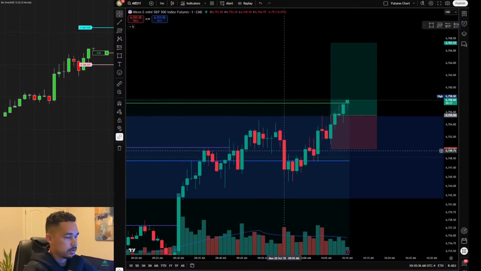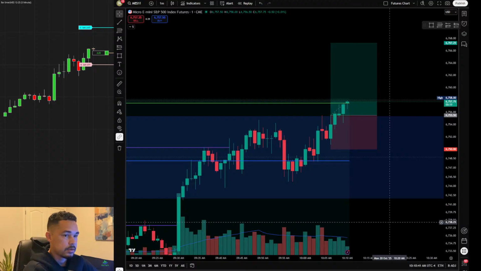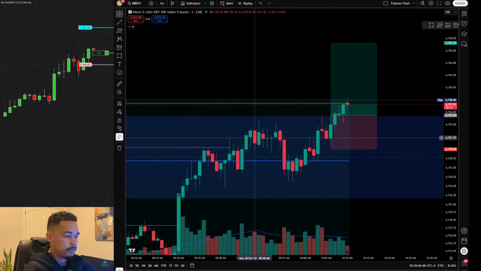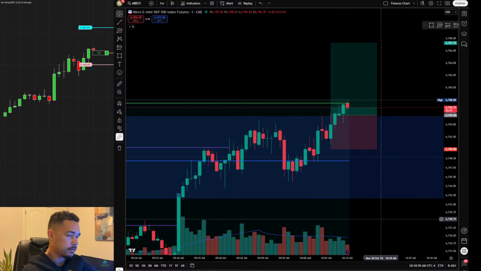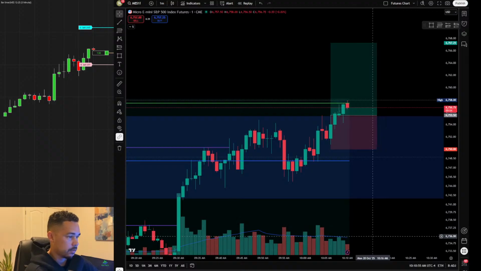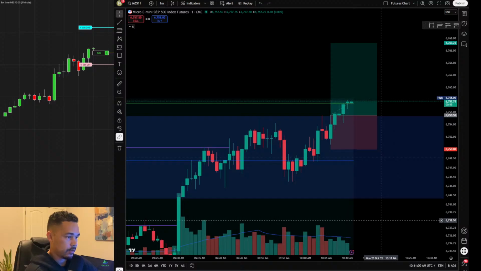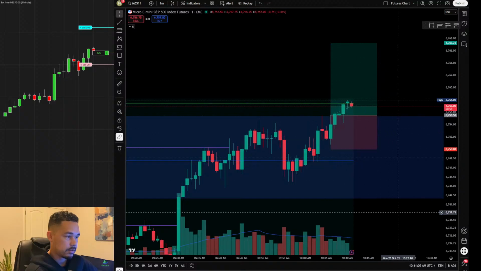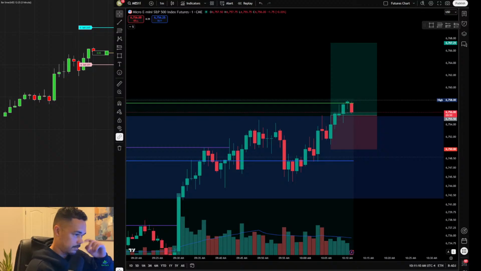So strong indication that we possibly want to continue bullish. My first bias was going bearish because we're entering into this resistance level, but things change. Price invalidated what I was thinking, so I have to look at going with what price is currently giving me. And right now it looks like it's possibly given a buy opportunity. So let's see.